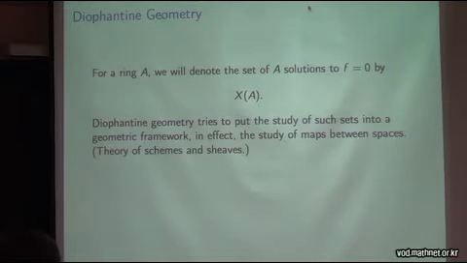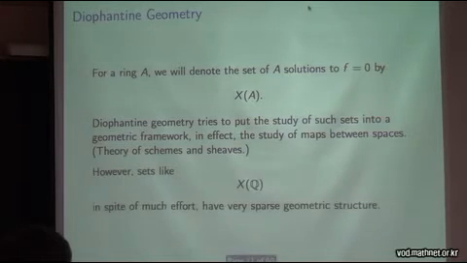So this viewpoint informs arithmetic geometry as a whole, and we're supposed to be able to use geometric intuition to solve equations. And sometimes it works and sometimes it doesn't.